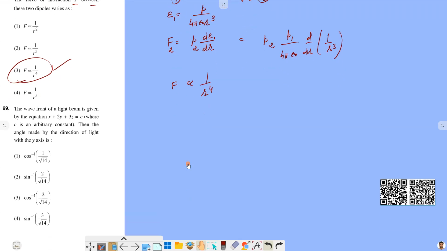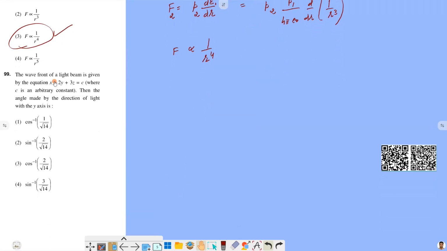Moving to the next one. The wavefront of a light beam is given by the equation x plus 2y plus 3z is equal to c, where c is an arbitrary constant. Then the angle made by the direction of light with the y-axis is. I think we have covered this type of question in one of our previous videos. If we have been given an equation for a plane, here x plus 2y plus 3z equal to c, then light will travel perpendicular to it.